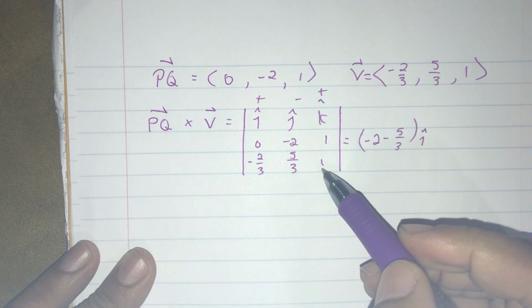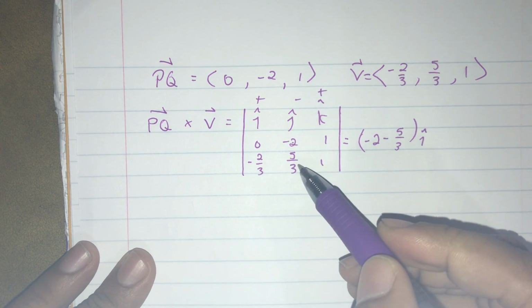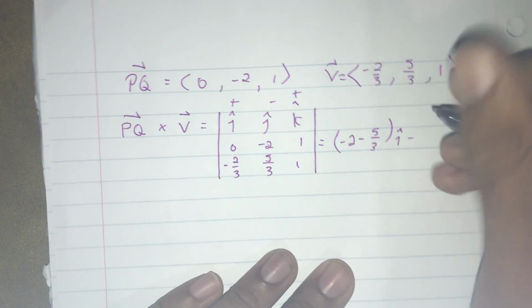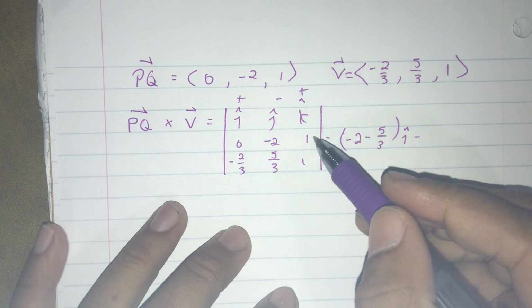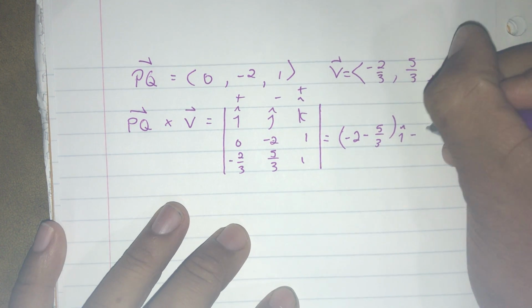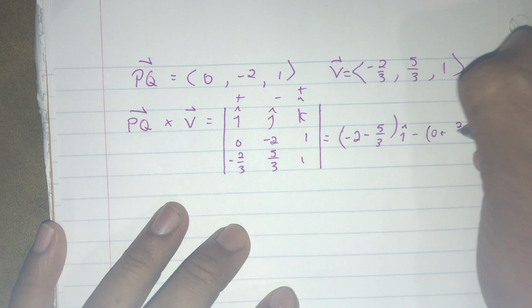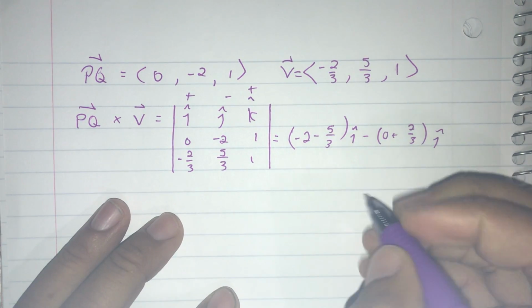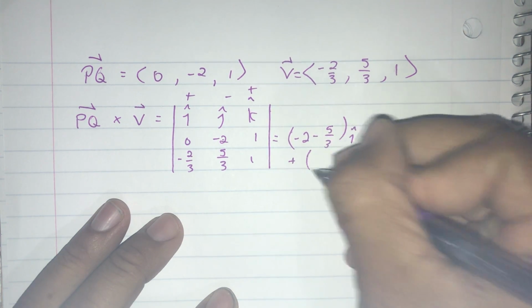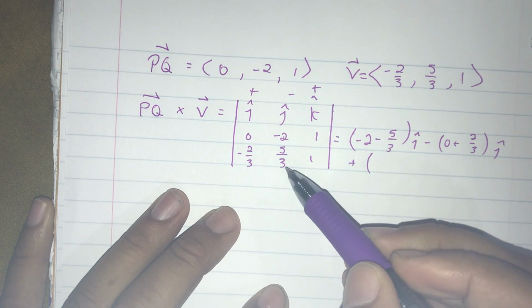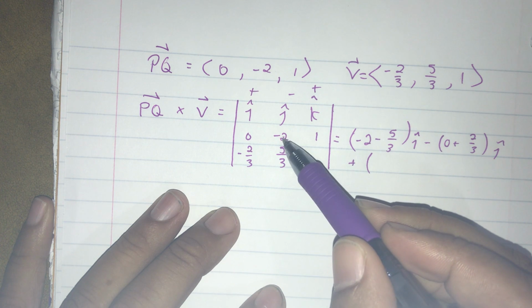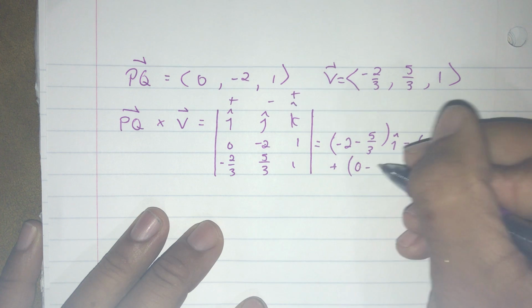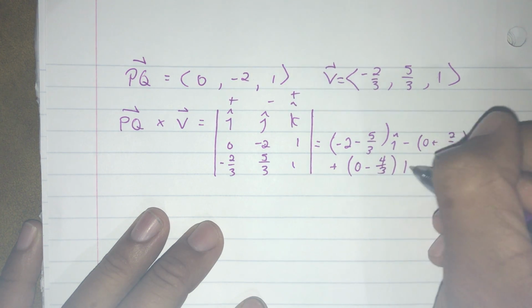Minus, because it's the j vector next, 0 minus 1 times -2/3, so 0 plus 2/3 in the j direction. Plus our k vector, which is 0 times 5/3, which is 0, minus -2 times -2/3, which is positive 4/3, so 0 minus 4/3 in the k direction.